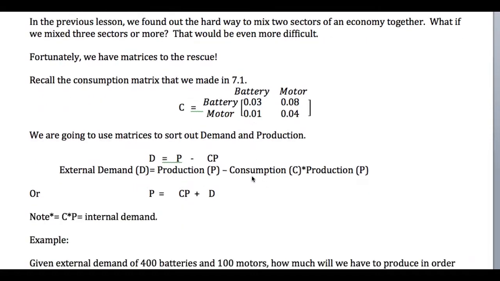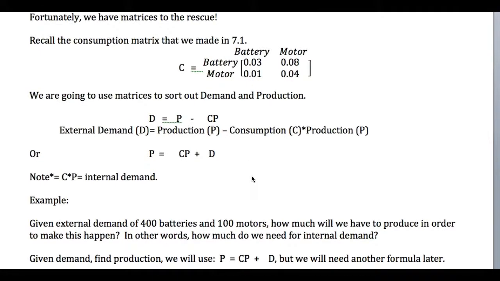That's a little bit confusing, but as long as you can get the matrix set up right, then you should be okay. Now, when we do this, we want to set up some different ideas with equations. So external demand, that's our D. You'll start seeing these things fly around. And that's equal to our total production minus the consumption matrix times the production.